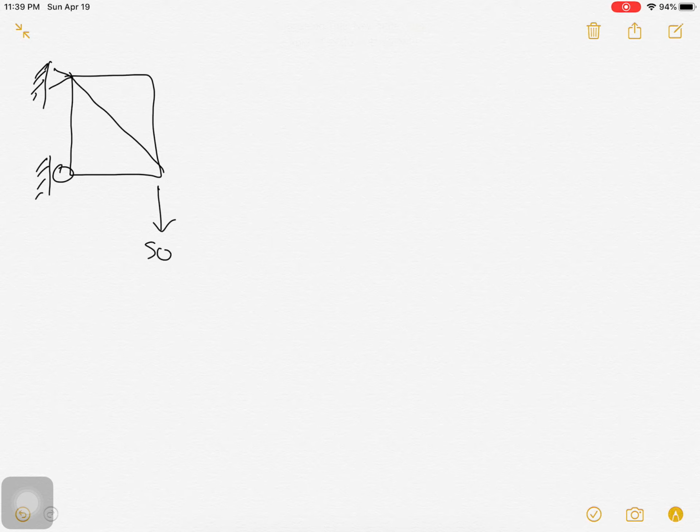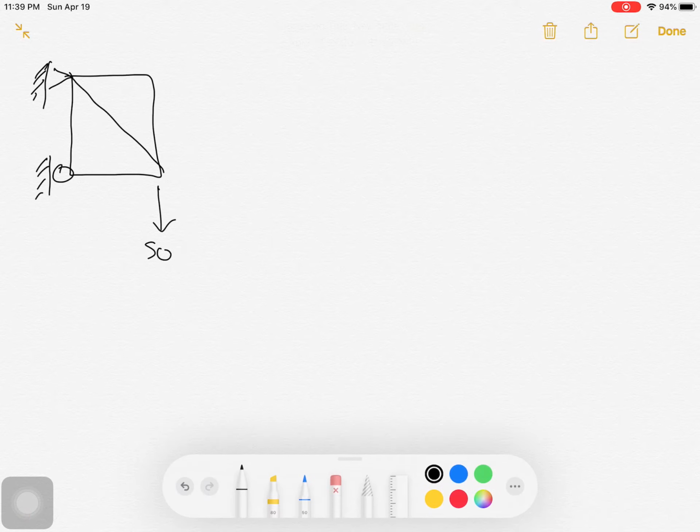We'll say it's pulling down with 50. So I'm going to replace my supports with reaction forces. I'm going to label my corners.